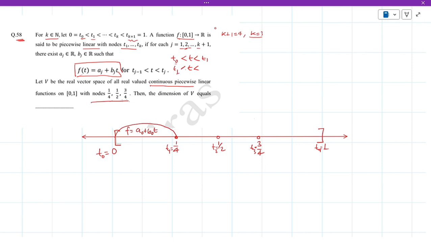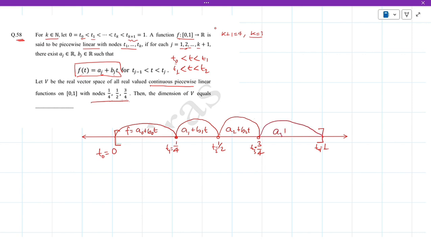So when you are lying between t1 and t2, your function is a1 plus b1t, right? Similarly, I hope you can observe the pattern. It will be a2 plus b2t. Similarly, this will also be a3 plus b3 of t.